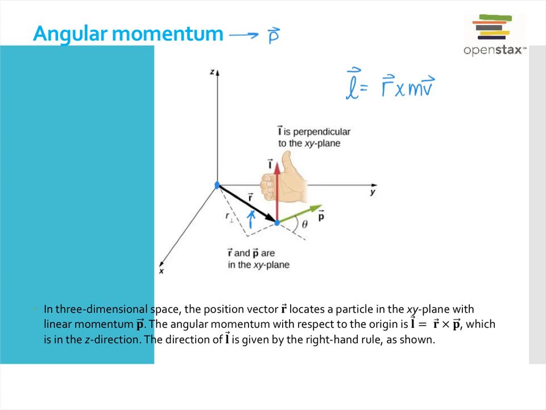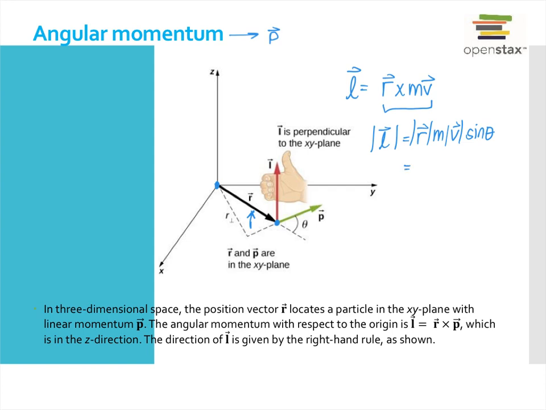Now, you can notice that this is a cross product right here, so it means that we can talk about the magnitude of this vector. The magnitude of the angular momentum would be the magnitude of the radius vector and the momentum, times the sine of the angle theta.